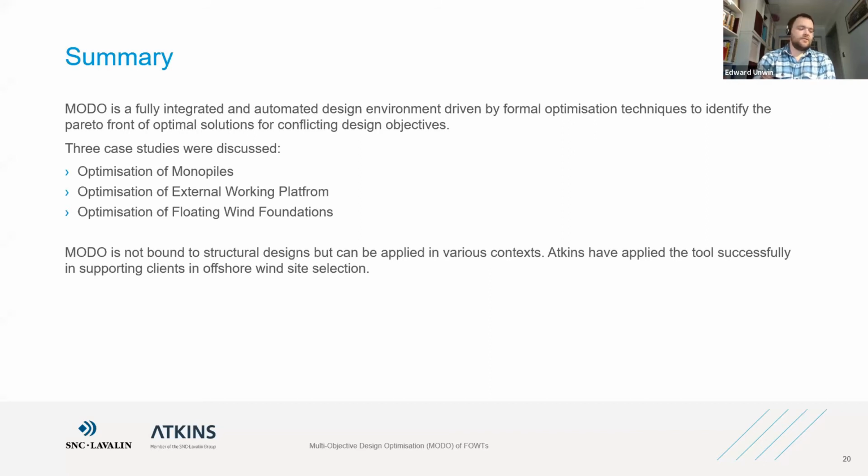Obviously, with fixed wind turbines, you're pretty limited by water depth, and at about 60 to 70 meters there'll be a crossover in the price, and it'll become cheaper to do a floating one in water depths over about 60 or 70 meters.